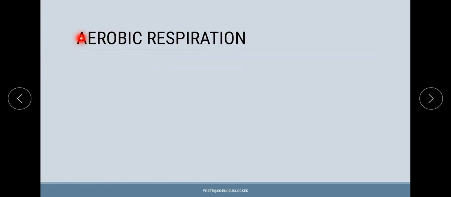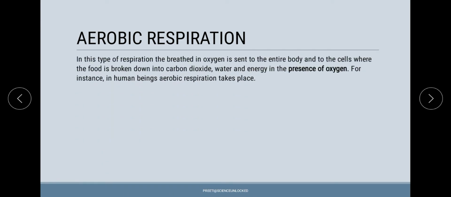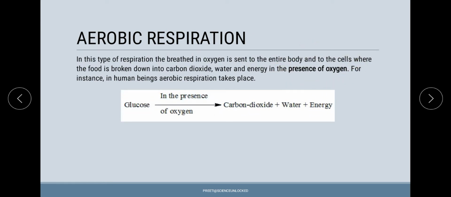As you can see, it sounds like air. This is the respiration that takes place in the cells when there is an ample amount of oxygen inside the cells, and this process produces carbon dioxide, water and energy. This energy is nothing but the ATP molecule.